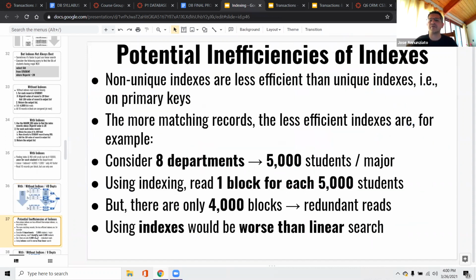where, if the numbers were slightly different, you still have the 40,000 students, but instead of being spread out evenly across the university into 40 different departments, say you only had 8 departments. That would mean that, on average, you would have 5,000 students per department. 5 times 8, that's 40,000 students.